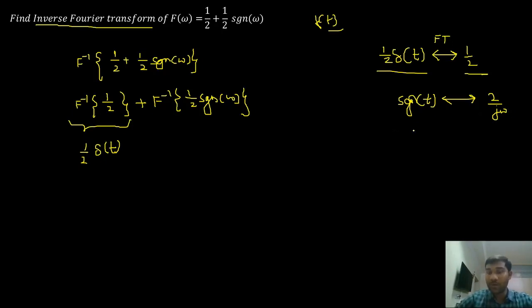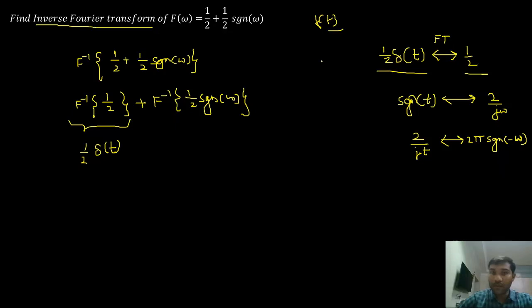So what do I get? I get 2 by jt will have the Fourier transform 2 pi signum of minus omega.